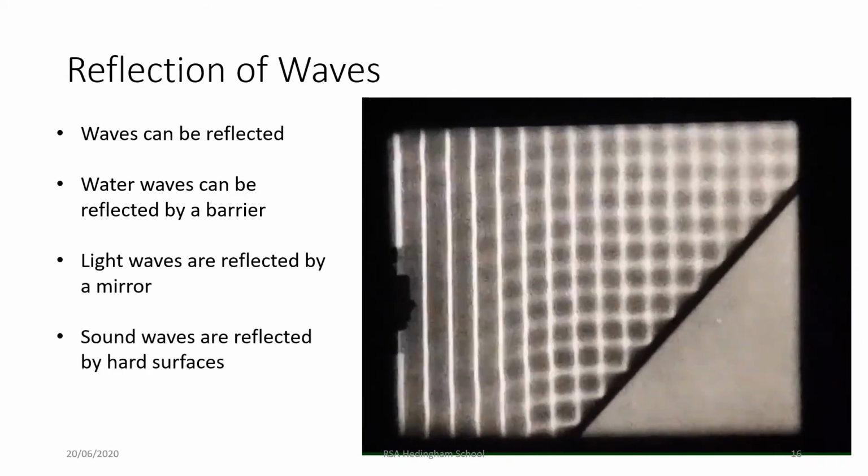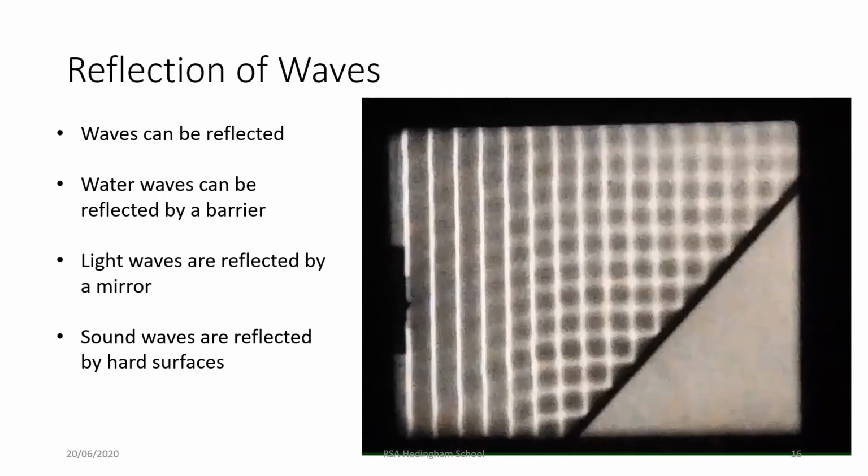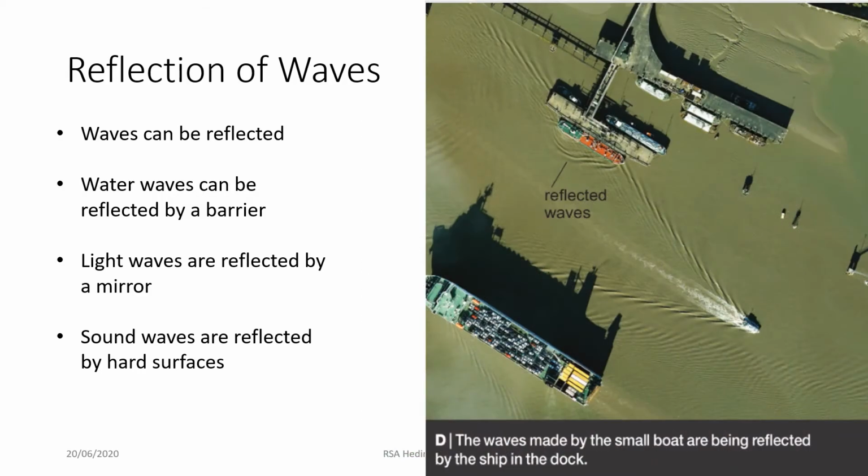So light waves are reflected by a mirror, sound waves are reflected by hard surfaces, water waves can be reflected by a barrier. All waves can be reflected. And here's a very nice photo showing the waves made by the wake of the boat actually being reflected off the barrier there.